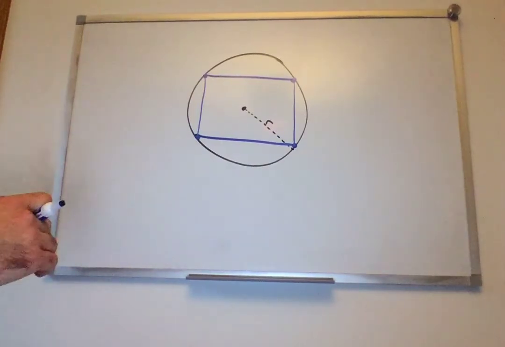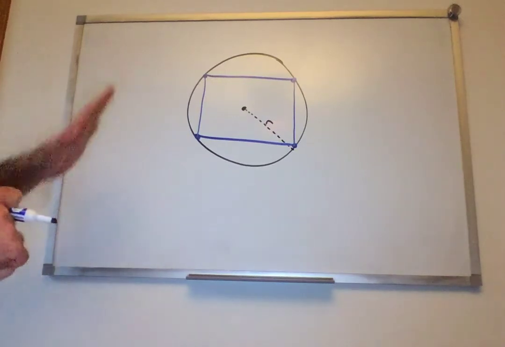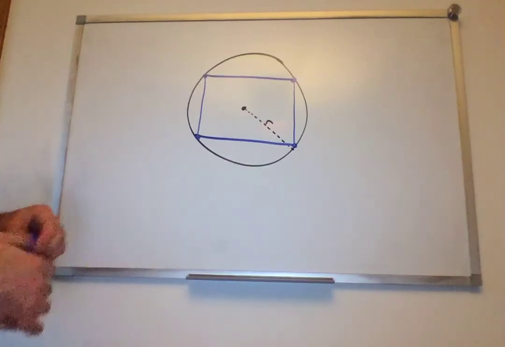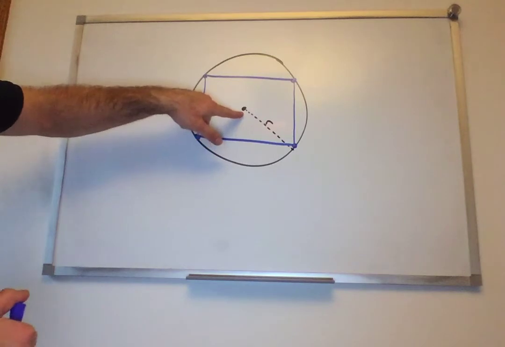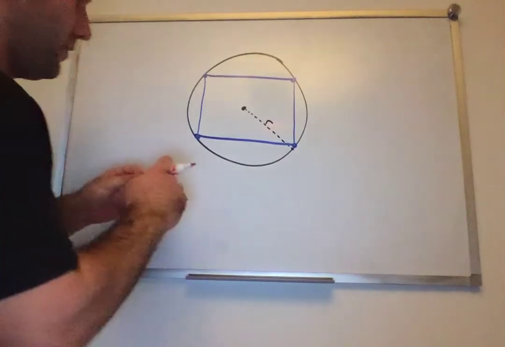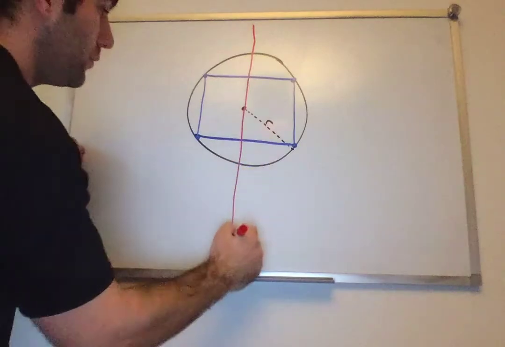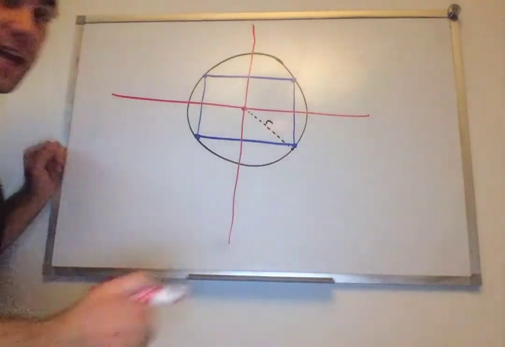Now how I'm going to do this is I'm going to make a coordinate axis on this circle. I'm going to have this circle centered at the origin. Here's going to be the origin. Let me do this in red. There's the y-axis. There's the x-axis.